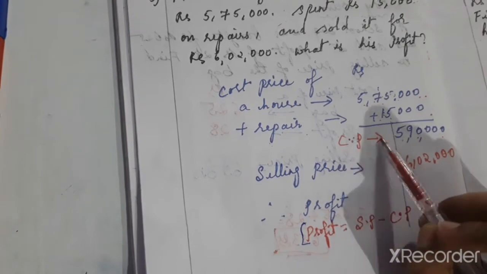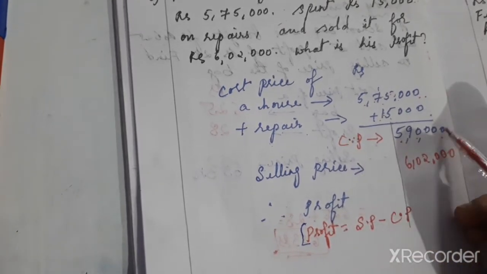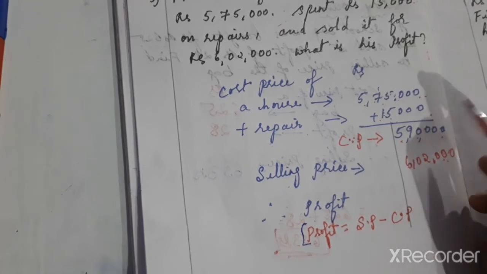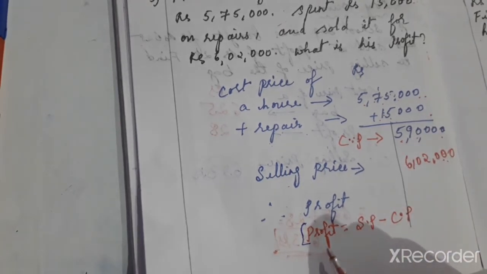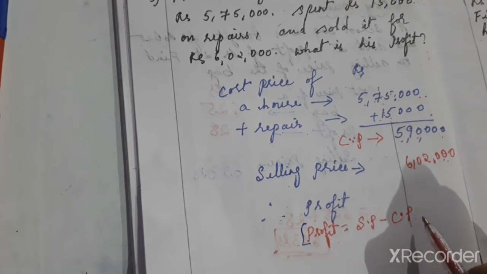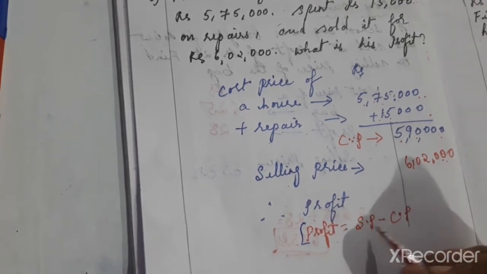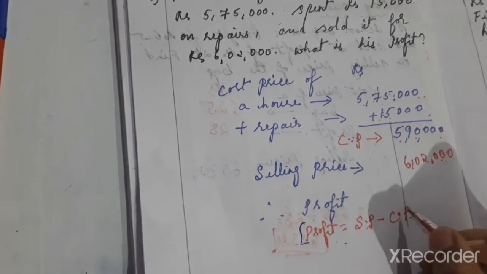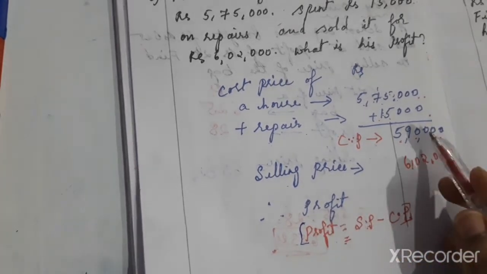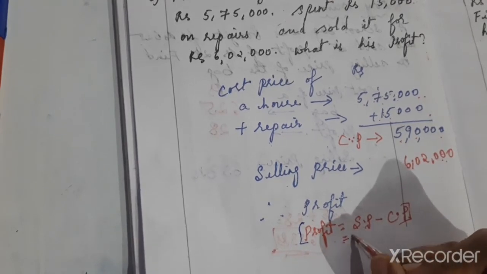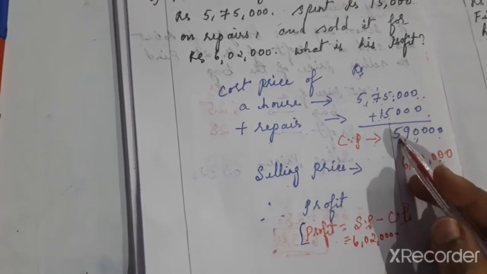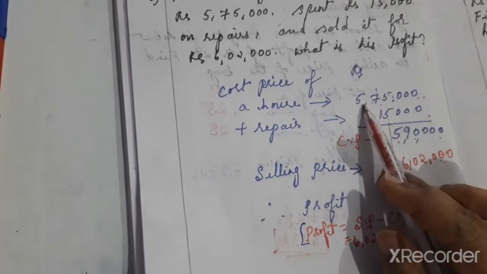So we have the new cost price, that is 5,90,000. Selling price is also given in the question. Profit is selling price minus cost price, because when there is profit, selling price is greater than cost price. Selling price is 6,02,000 minus cost price 5,90,000, not 5,75,000.